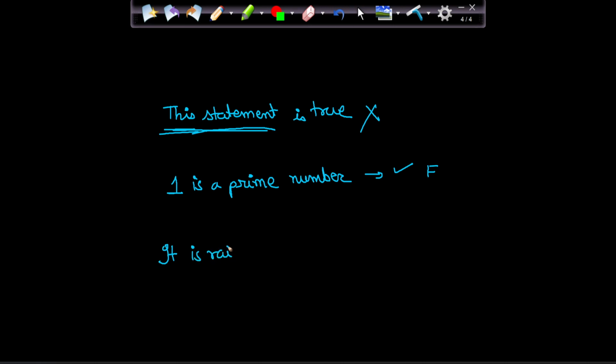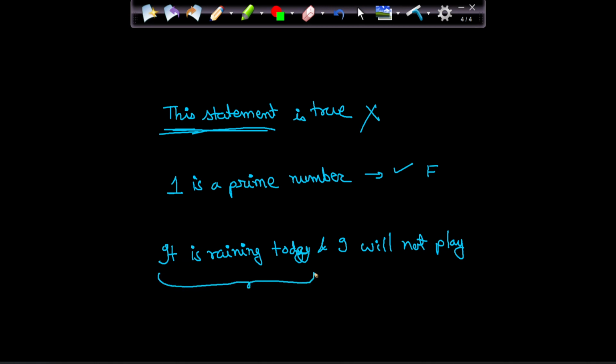It is raining today and I will not play. If you analyze, this statement has got two pieces. This is part number 1, this is part number 2, and they are joined by an AND operator.